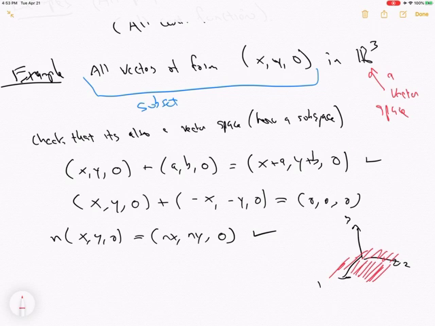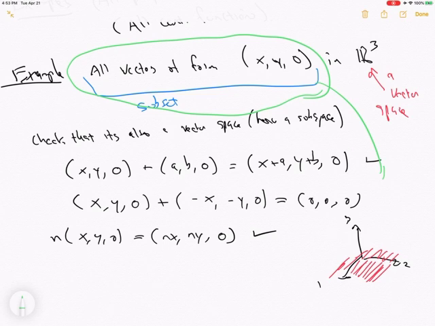This subset is kind of like the ground, or the floor in R3. But the floor itself is just like a copy of R2. It's like a copy of the two-dimensional plane. And we know that the two-dimensional plane is a vector space because it's R2. And so this is essentially just a copy of R2 sitting inside of R3.